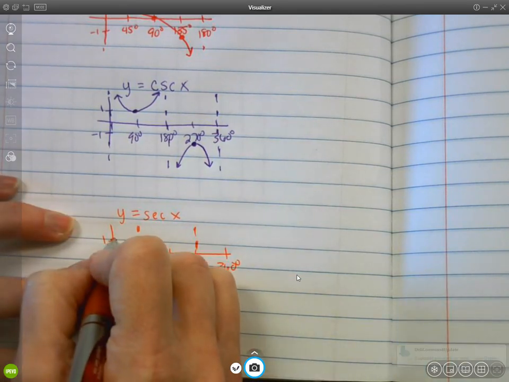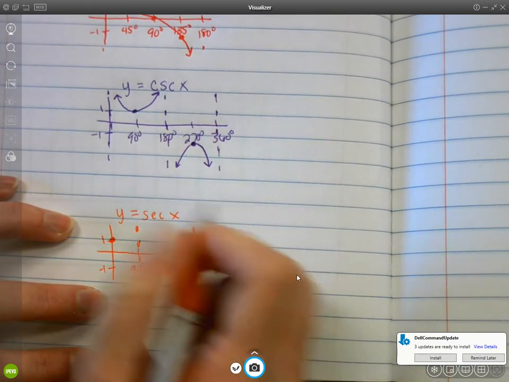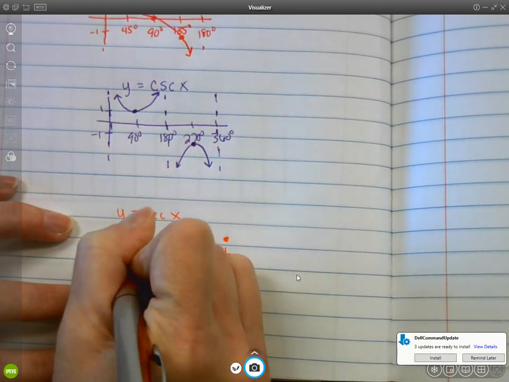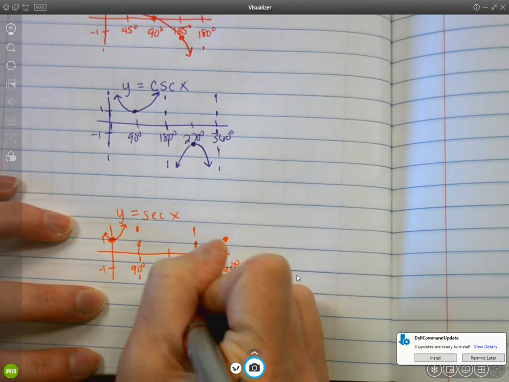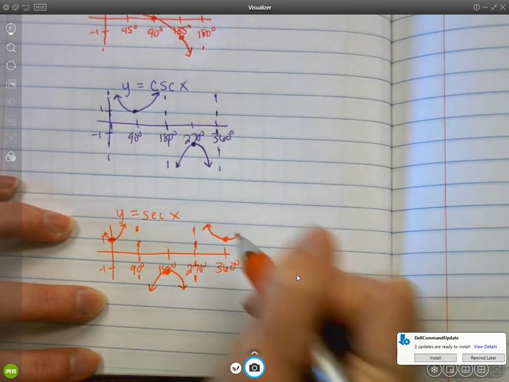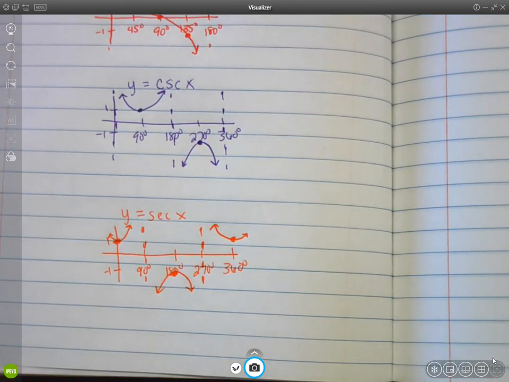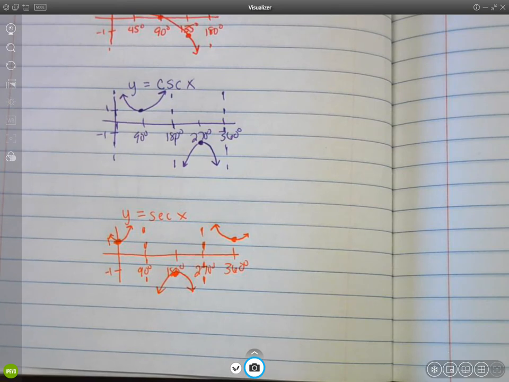And it is 1 at 0, negative 1 at 180, and 1 at 360. And you know that you get a piece of a U, a whole U, and a piece of a U. If you are thoroughly confused about where I'm getting this, that means you have not been studying your parent functions, and you should get on that because that test is coming up real soon.